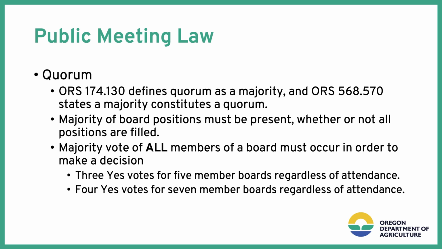I've seen this happen where some folks think that abstentions don't count or unfilled positions don't count. They do count. So if there's one thing to take away from this, it's that: you need 3 folks at a meeting to have a meeting if it's a 5-member board, and 3 yay votes to pass anything. And if you have a 7-member board, you need 4 folks there and you need 4 yay votes to pass anything.